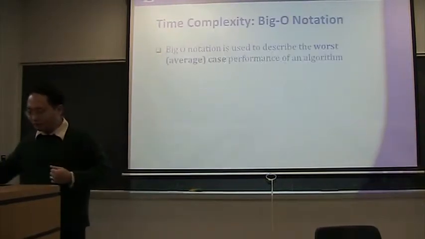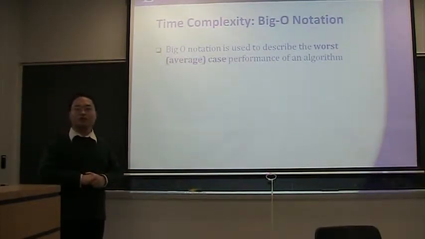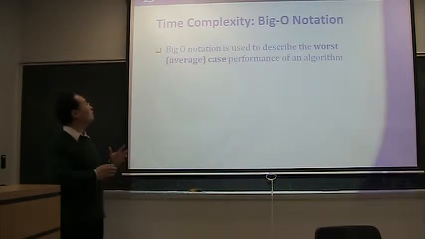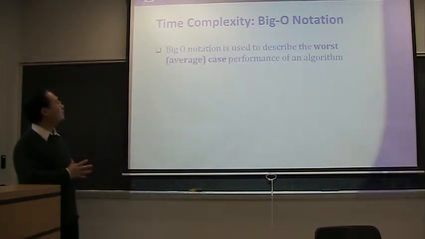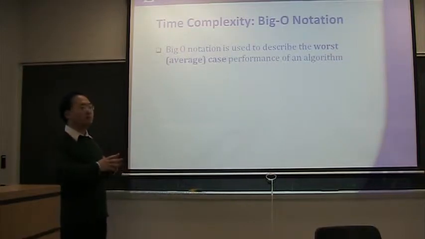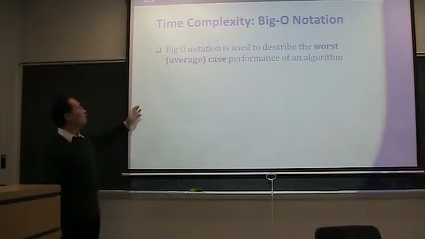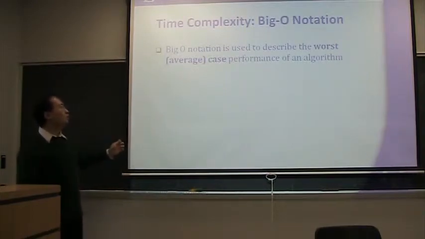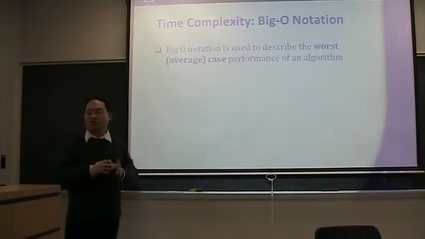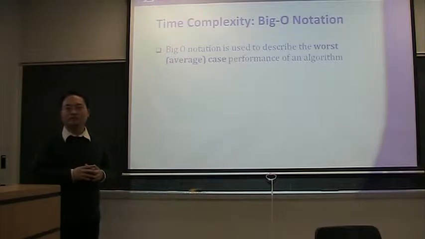Okay? So, the first thing I want to talk about is the big O notation that we use to analyze the time complexity. It can be used to analyze the memory usage, but I'm only talking about time complexity here. So big O notation is a method used to evaluate or describe the worst or average performance of an algorithm.